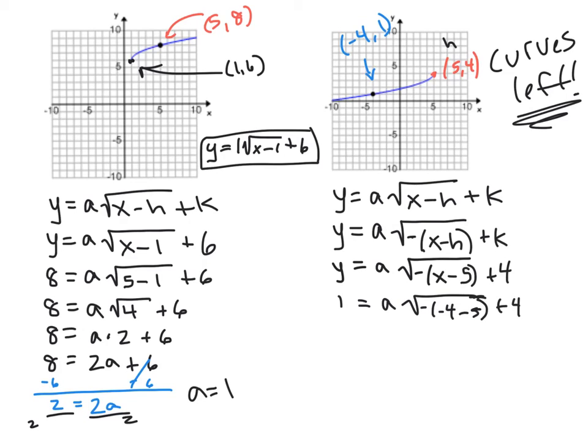All right, so we'll be careful when we simplify inside that root. So 1 equals a times the square root of, I'll just leave this here for a minute, it'll be negative, and then negative 4 minus 5 is negative 9. So 1 equals a times the square root of negative 9, which is 9, plus 4.